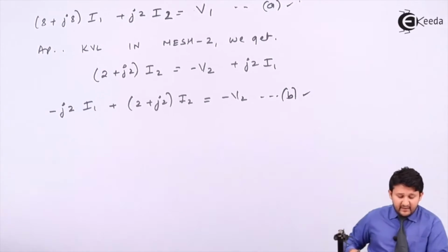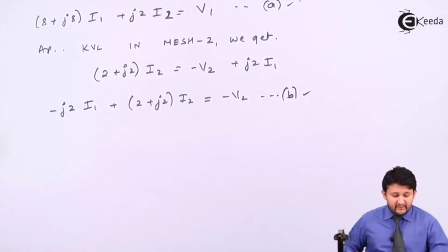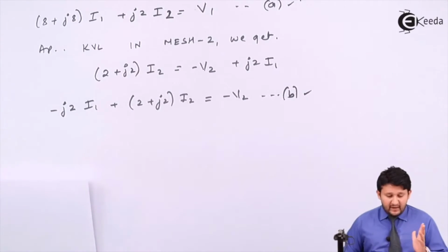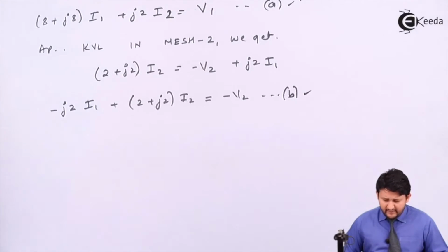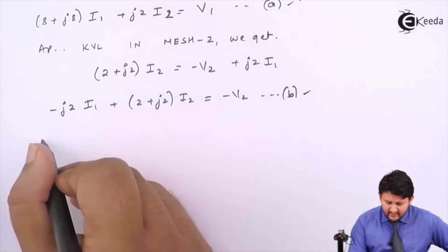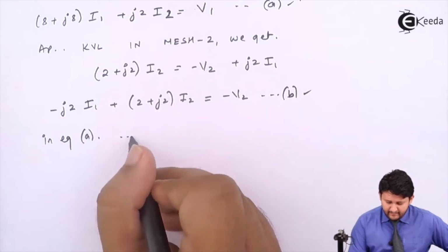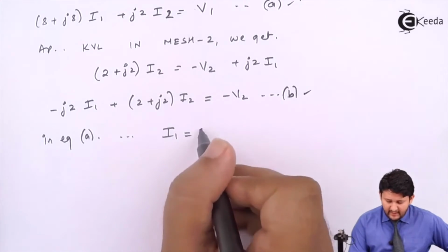After getting the equations, in this circuit I need to find the ratio V2 by V1. The ultimate goal, after finding the unknown currents I1 and I2, is that in equation A, I'll be putting I1 equal to 0.